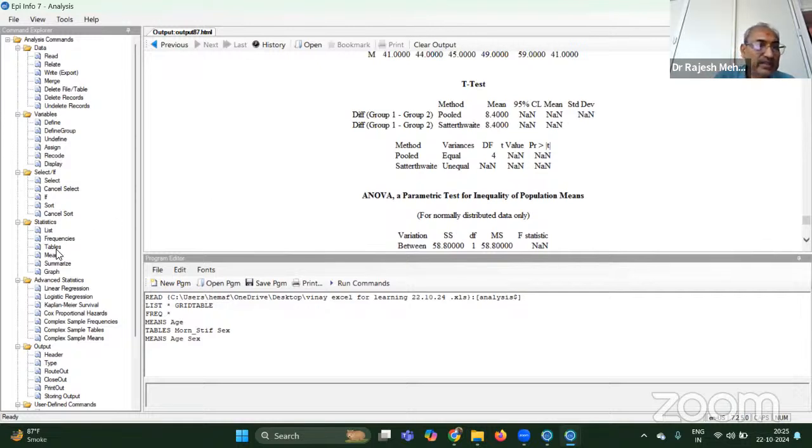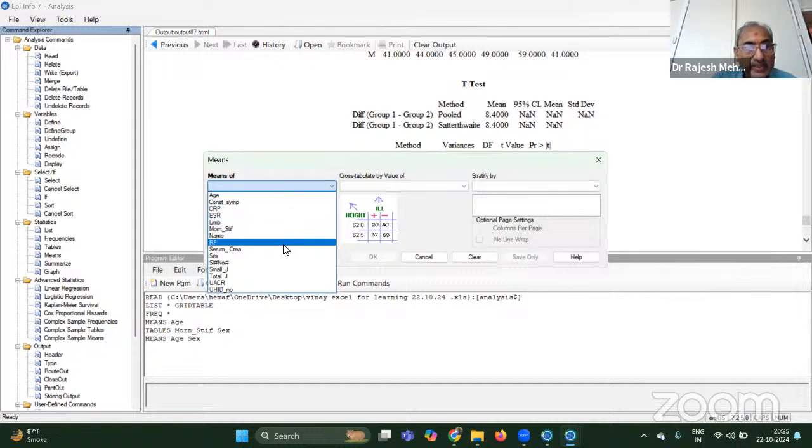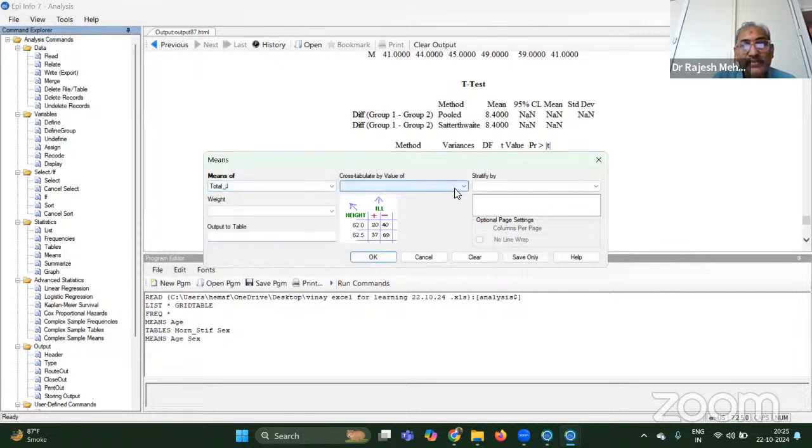Then you can give another thing, means of the creatinine level or small joint or total joint, you can write, versus gender. The analysis will be like this.